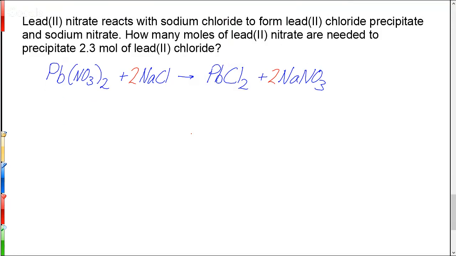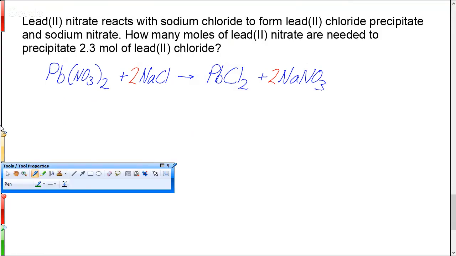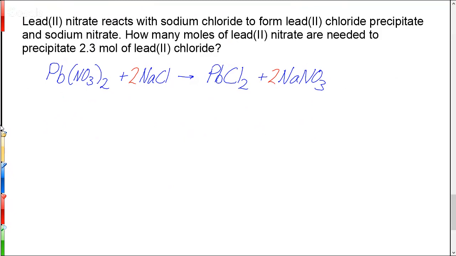All right, sorry to rush you, but we should keep going. Do you need to calculate molar masses for any of these compounds in this problem? To figure that out, we have to look at what the problem is asking. The question is, how many moles of lead nitrate are needed for 2.3 moles of lead chloride?